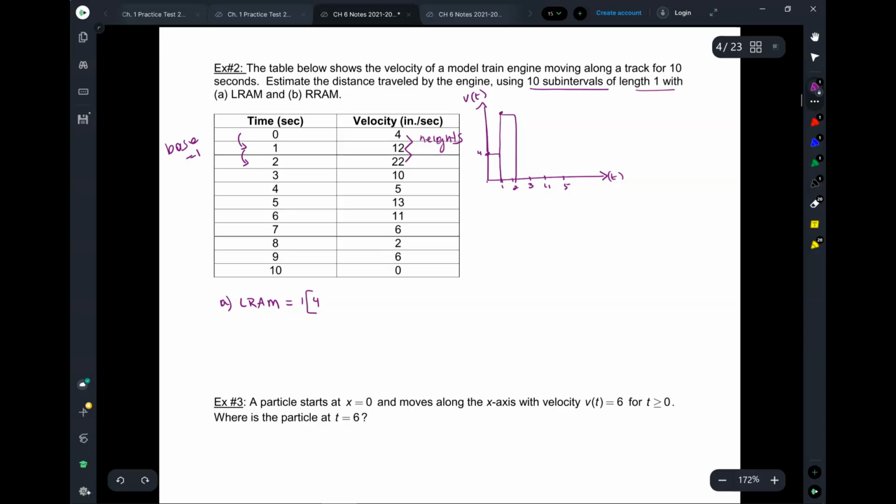For the other one, it's 12, then 22, and so on. And you add up all of them, except for the last one. Plus 2 plus 6. You omit the 0. Why is it all times 1 again? Because that's how much the base is. So for each rectangle, it's 1 times 4, 1 times 12, 1 times 22. It's the height times the width.